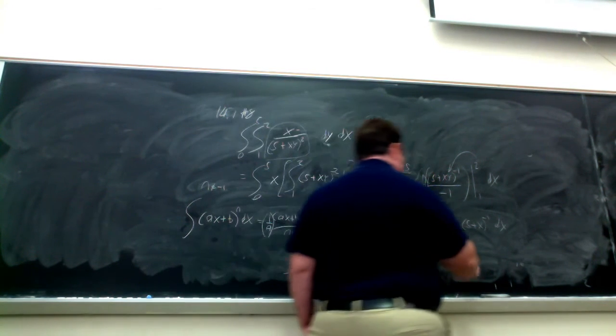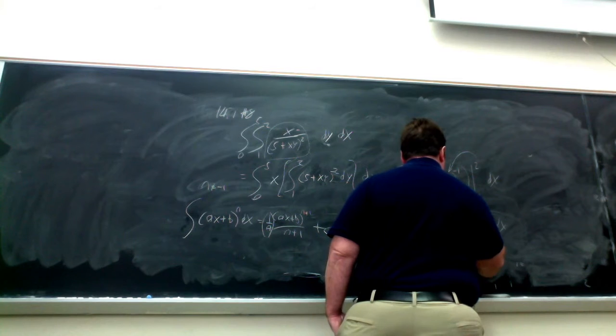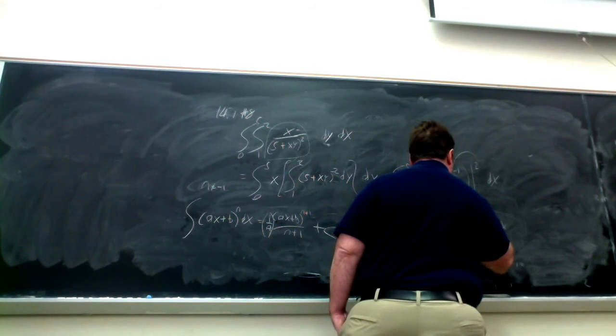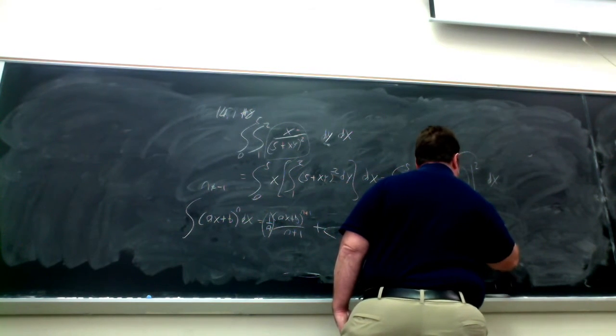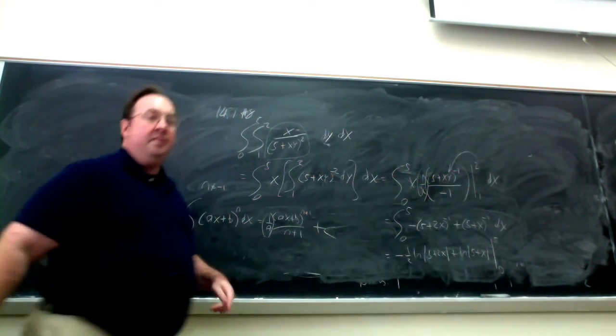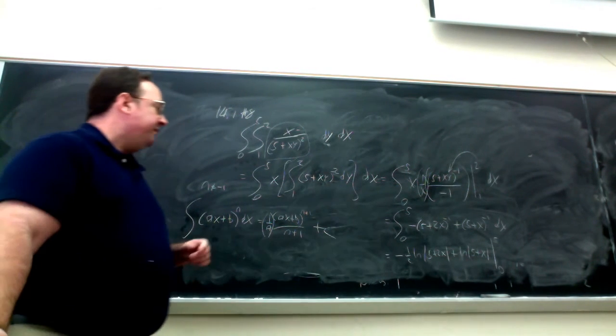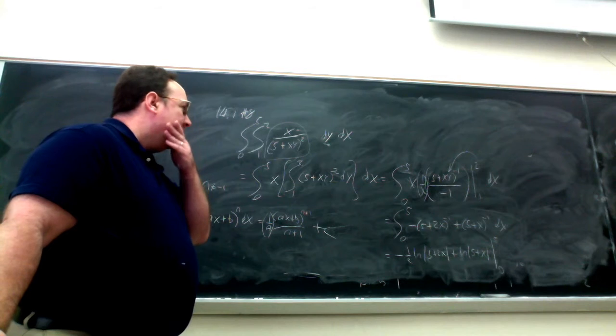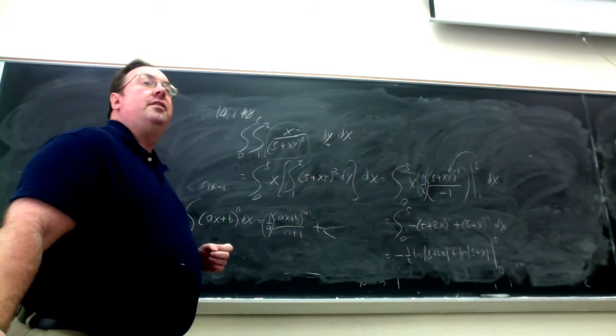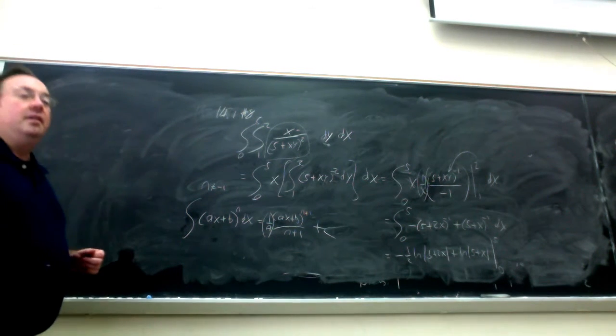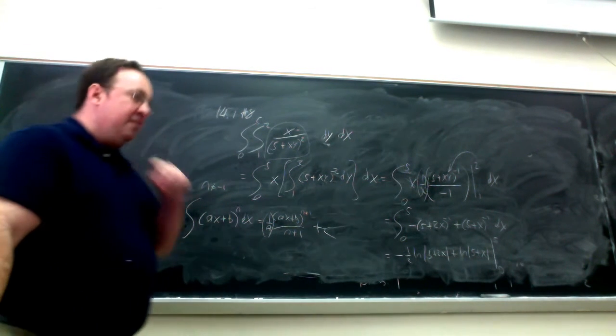And then you'd have plus natural log of (5 plus x) with limits 0 and 5. So any questions about this?